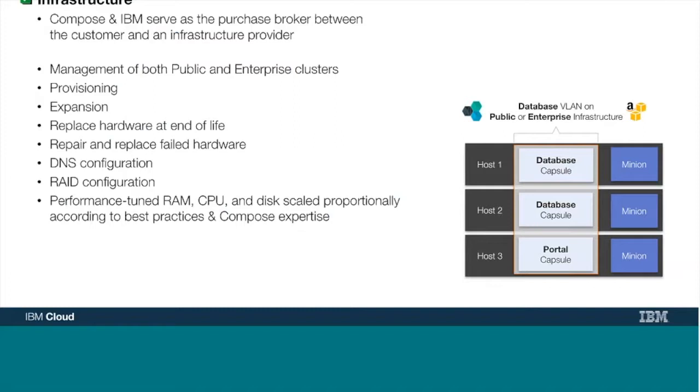We also handle the right sizing of that hardware to make sure it handles the type of performance that you need. This happens on both the public and the enterprise clusters. We provision the hardware, expand the hardware, replace hardware at end of life, repair and replace failed hardware, DNS configurations, RAID configurations, performance to RAM, CPU and disk scaled proportionally, best practices. We handle all that.